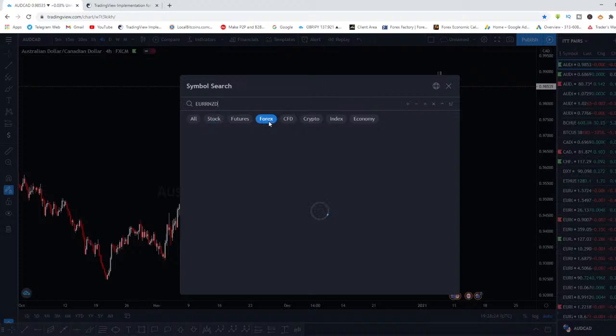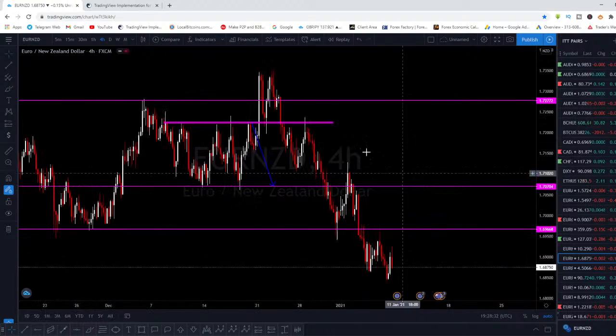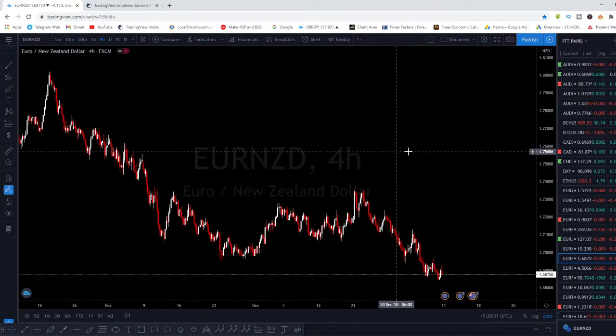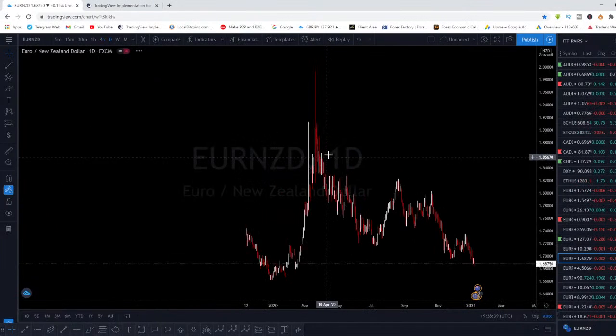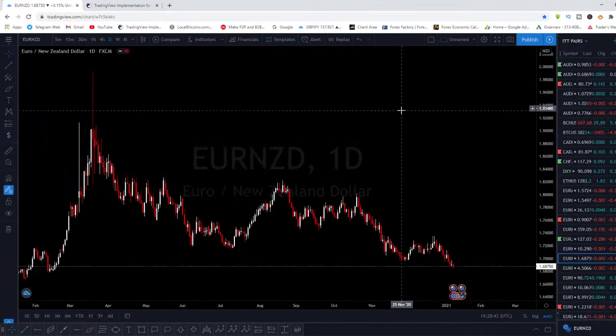Oh, I put a double R instead of a single. All right, so this is Euro NZD right now. I still have my analysis, and what I'm seeing is the market is moving to the downside, and it is still pushing to the downside, man. So I will check it out for you.